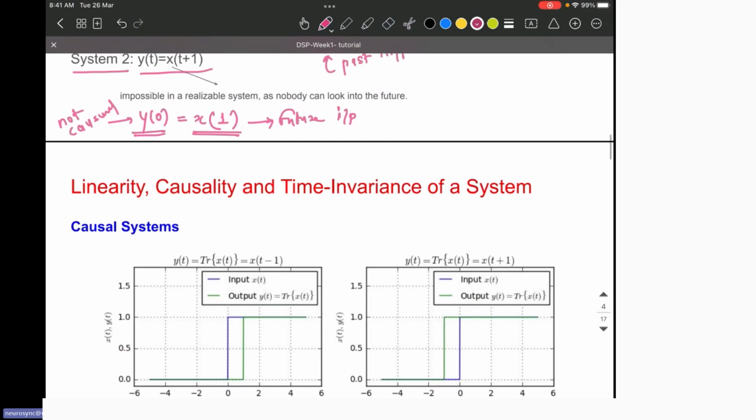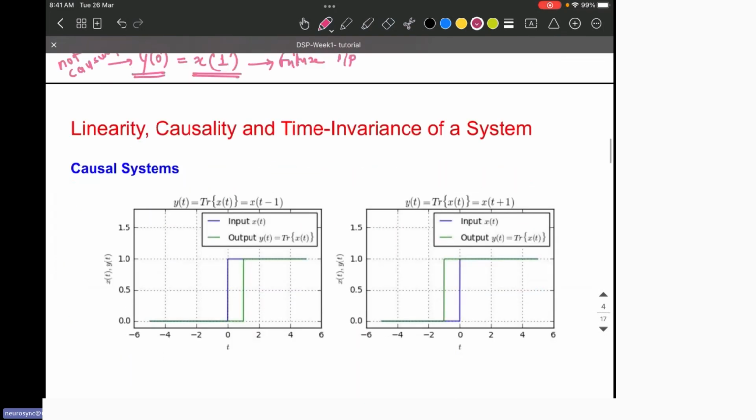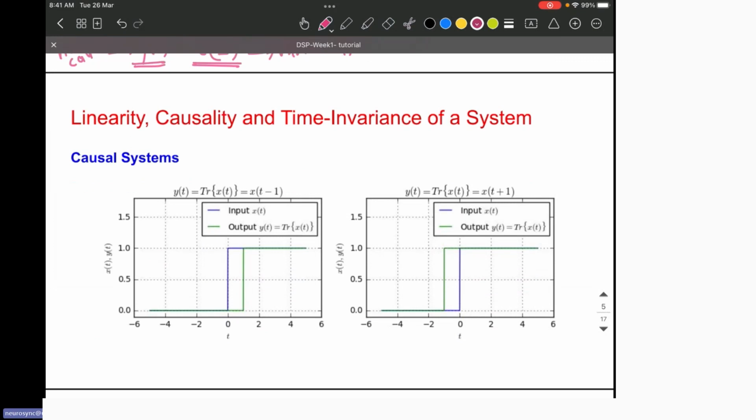Now, again, we can also plot these simple waveforms in this graph. In this graph you can see this is input x of t. This is the step signal. x of t minus 1 is delayed by 1 second. This is the plot for x of t minus 1.